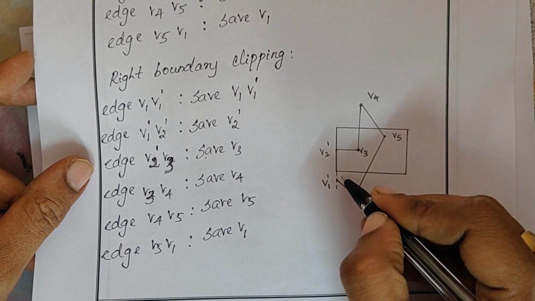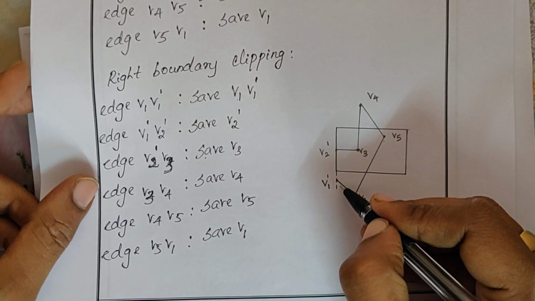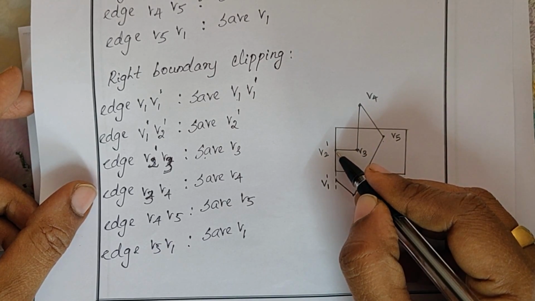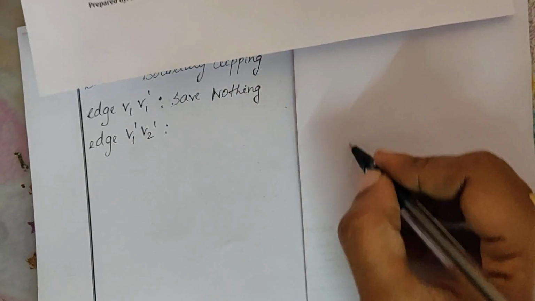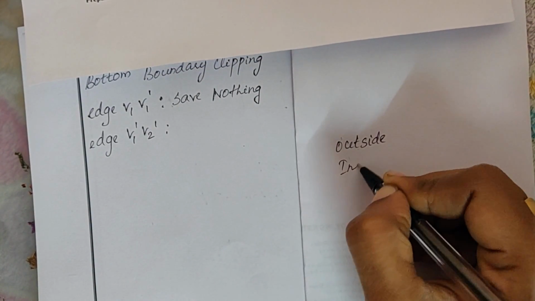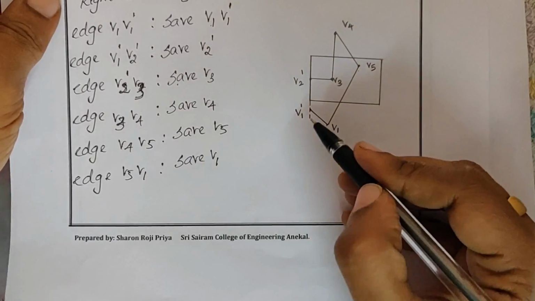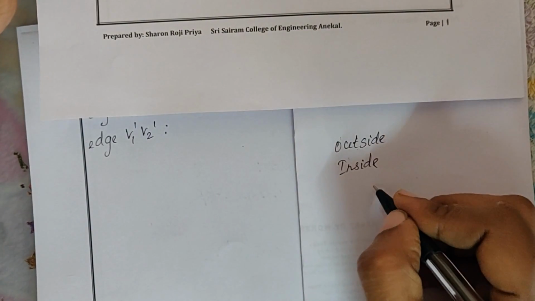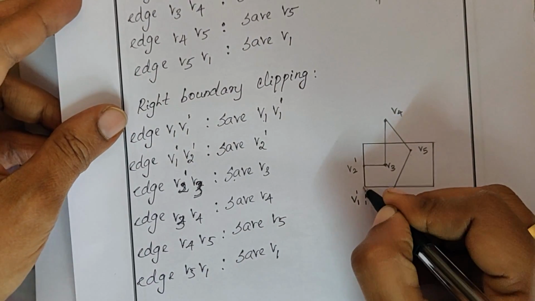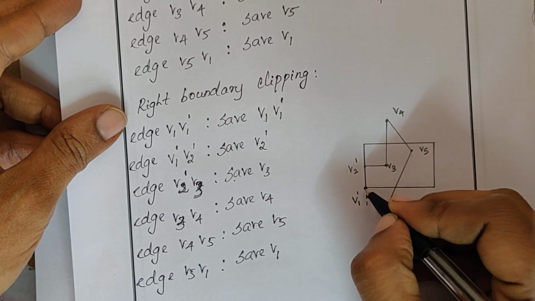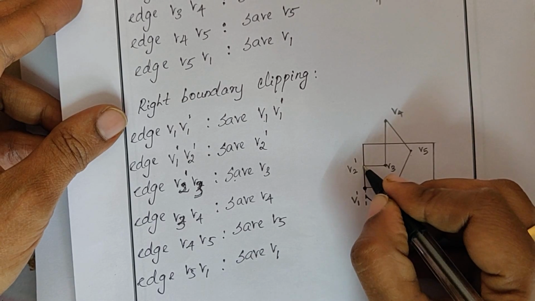Again, if you check, V1 dash is outside the bottom boundary and V2 dash is inside the bottom boundary. So which case does it belong to? Outside and inside, right? The starting vertex is outside and the ending vertex is inside. In this case, I have to find the intersection point, and save the intersection point and the end point.